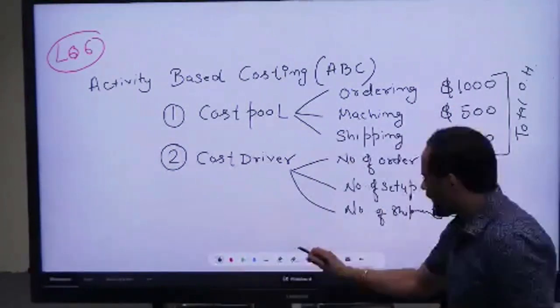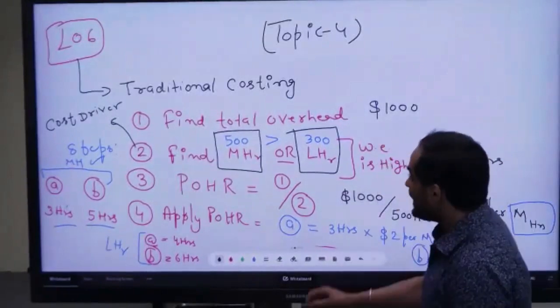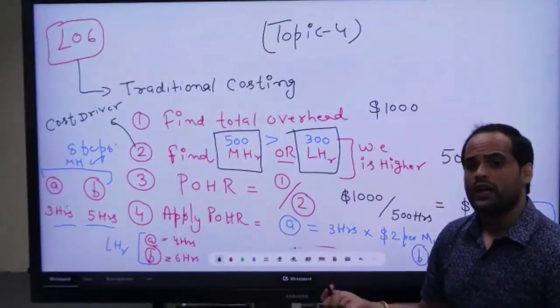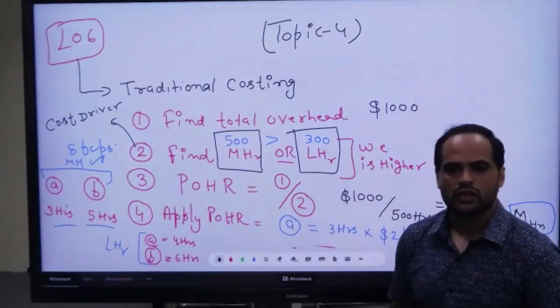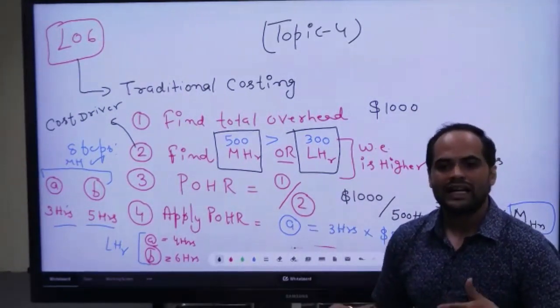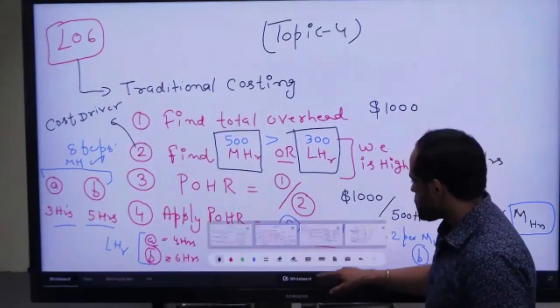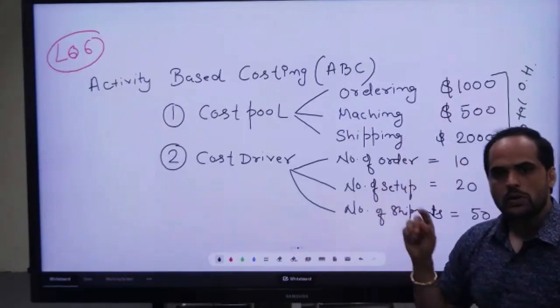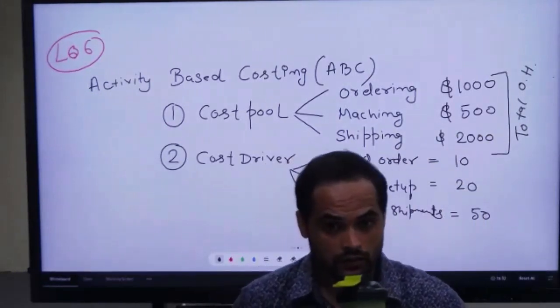But when we apply traditional costing, we don't have to find out what is in this 1,000. We don't really care. In traditional costing, we do not go into detail, but in ABC, we go in very detail.